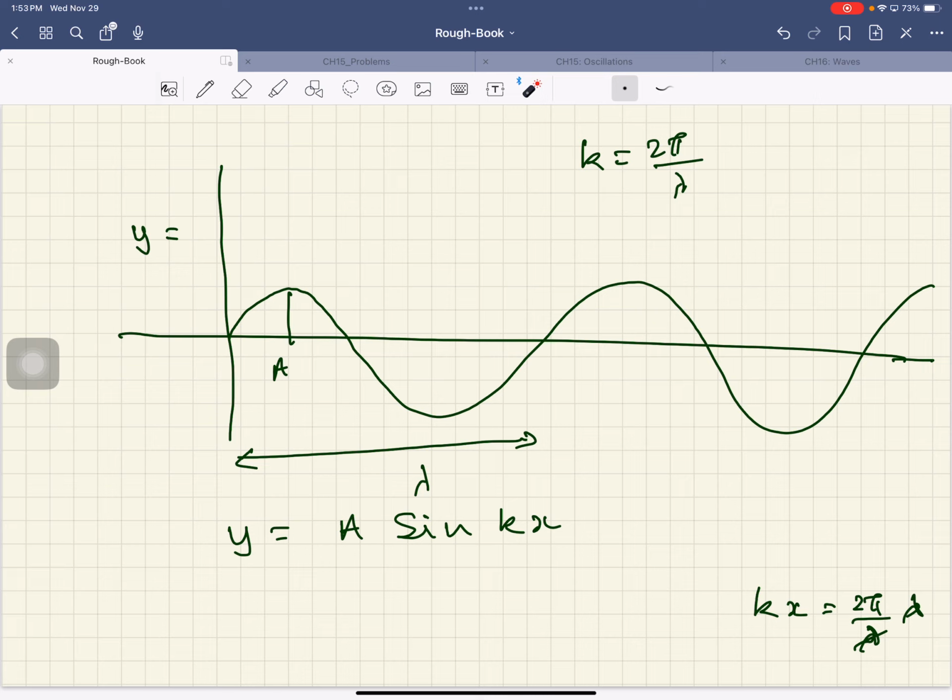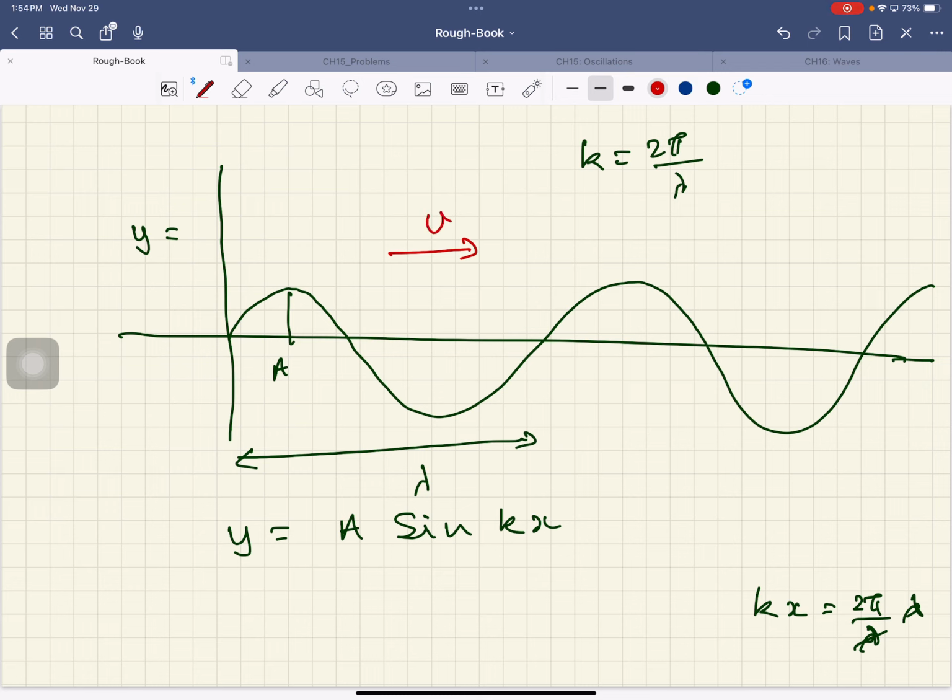All right. So this function is given by A sin kx. Now let me ask you this. I want you to move this to the right at velocity v. You should be able to do that.